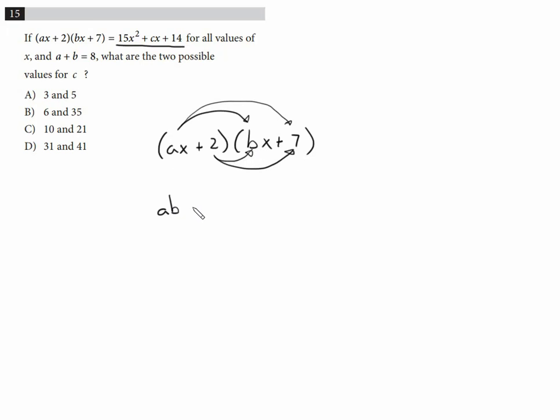ax times bx is abx squared. ax times 7 is plus 7ax. 2 times bx is plus 2bx, and 2 times 7 is plus 14.